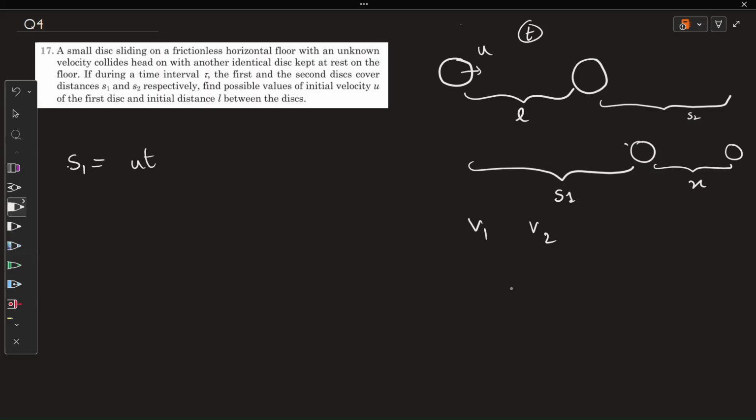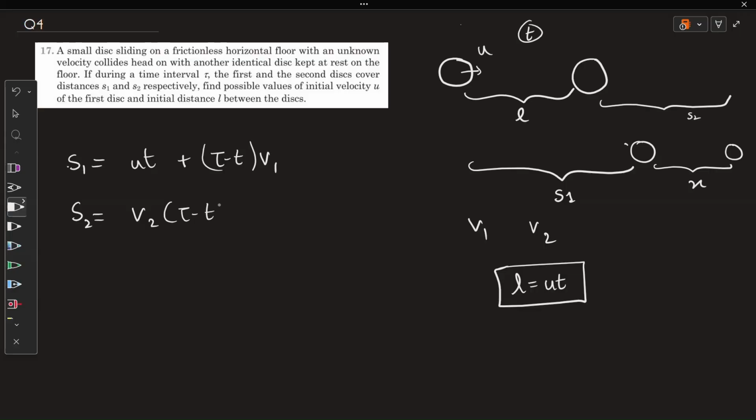Let's write this separately. So L is nothing but u into t. So s1 is ut, that is L, plus the remaining part we are going to travel. This remaining part is nothing but tau minus t, the remaining time, into v1. Correct? What about s2? In s2, with v2 velocity, we are going to travel for tau minus t time.